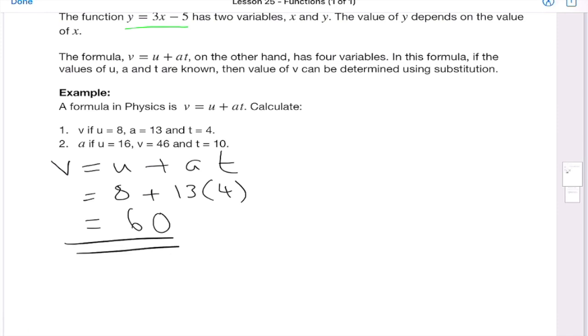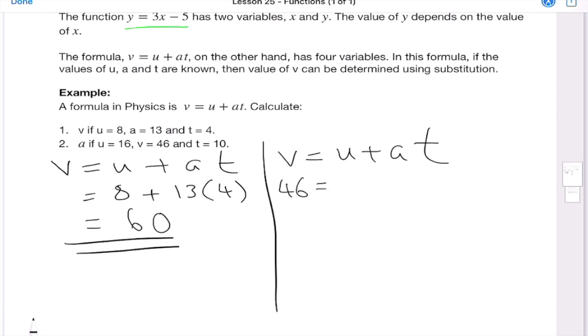What about the value of a, given that u is 16, v is 46, and t is equal to 10? Once again, our formula v is equal to u plus at can be copied down here. But now we know v is 46 in this case. u is equal to 16 in this case.